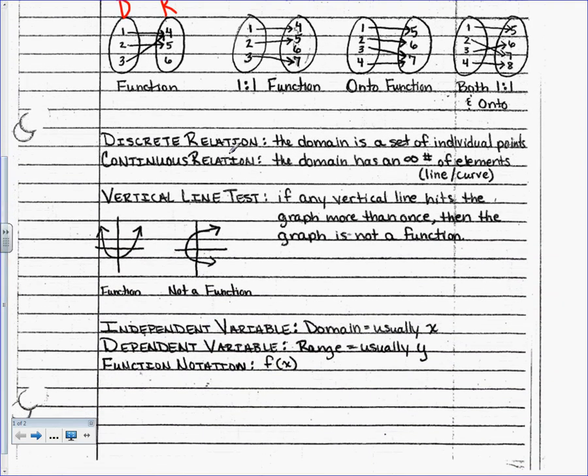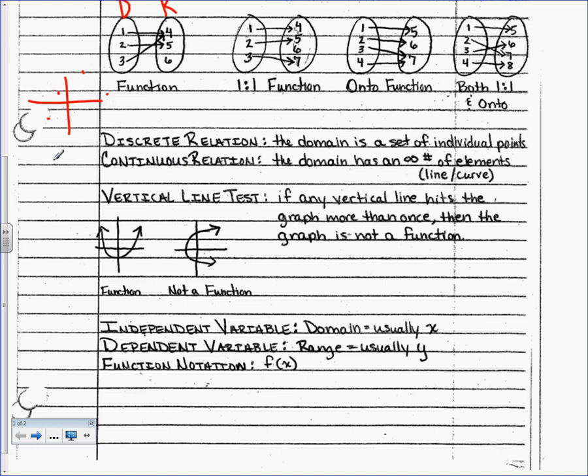A discrete relation, the domain is a set of individual points. A continuous relation, the domain has an infinite number of elements, a line or a curve. So let's show an example of a discrete relation. Here's our xy coordinate system. A discrete relation looks like a bunch of points, as long as they're like this, right?